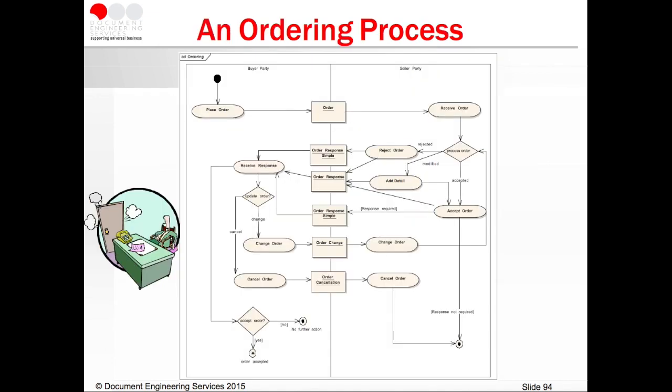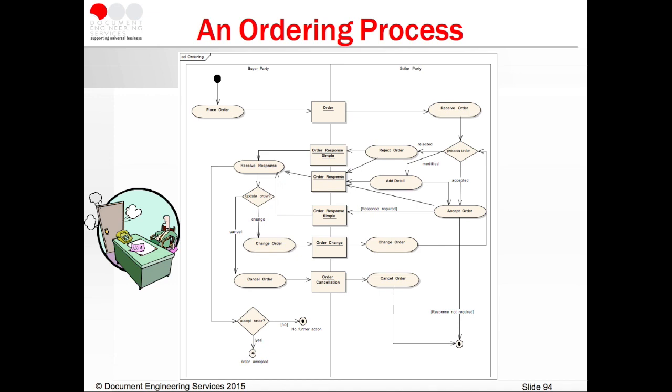The UBL specification includes a design, what's called an activity diagram, that describes the typical flow of information in a process. The diagram we're looking at here is the ordering process.